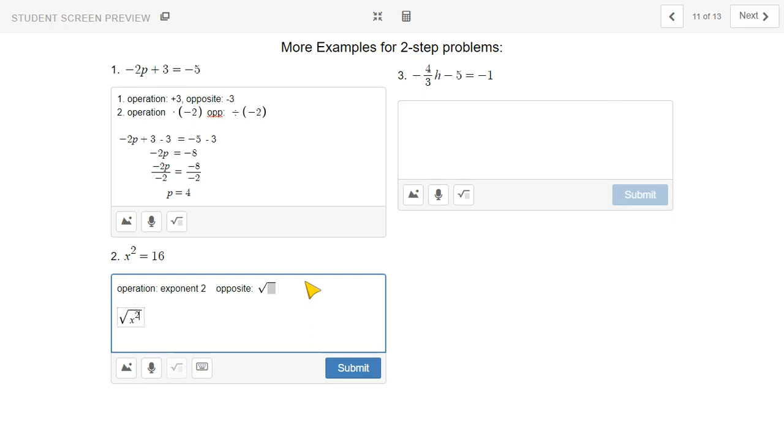I'm going to write the square root of x squared equals the square root of 16. Now, if I have a square root and a square, these two cancel each other out. So left side is x, and the right side, we have a 4.